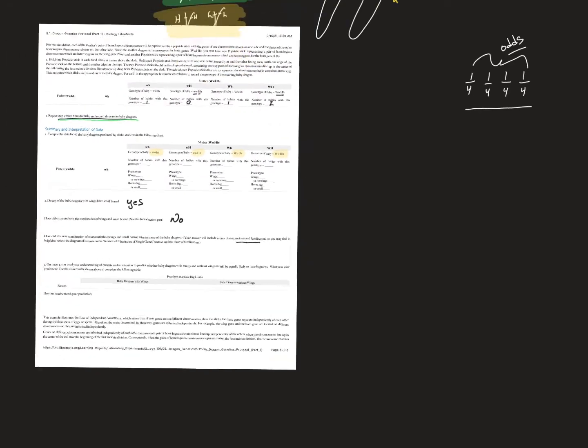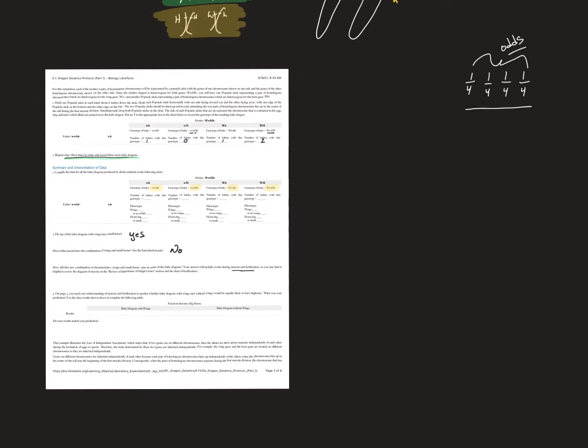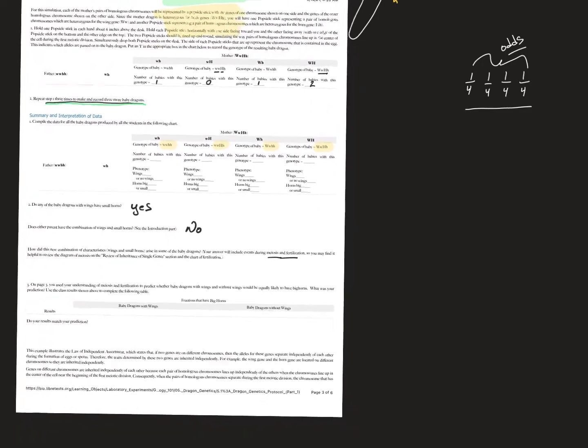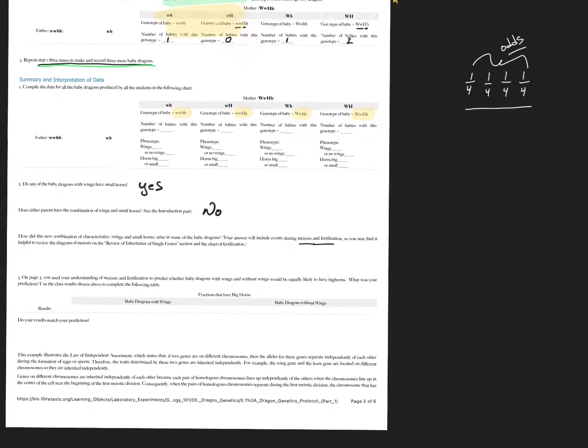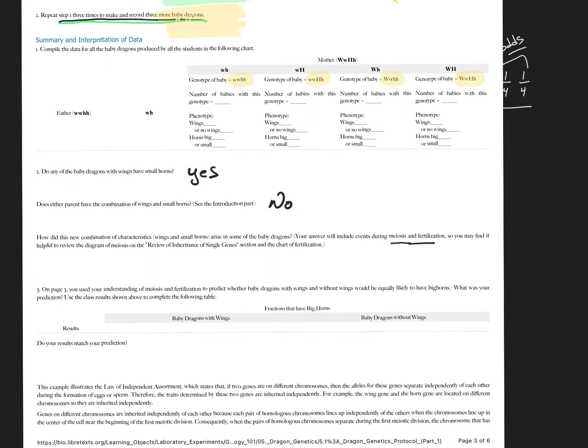By the way, this explains how two people with brown eyes can have a baby with blue eyes, because the genes for wings and small horns are recessive. The mother's heterozygous, so the father can give the genes for no wings and small horns, and mom can give the genes for wings and small horns, and you can get a homozygous recessive baby dragon with wings and small horns. I just did it for you, but you have to put that answer in your own words.